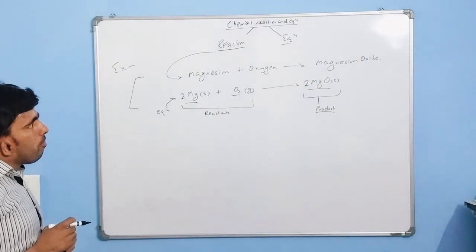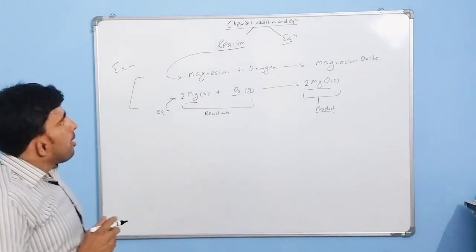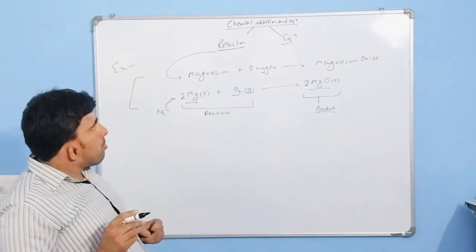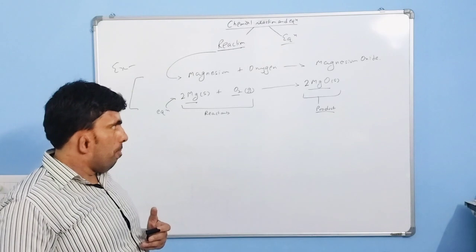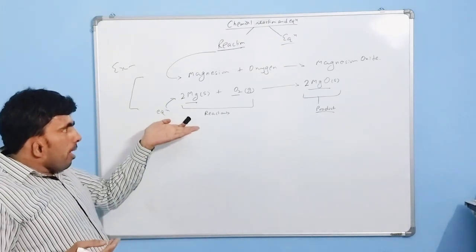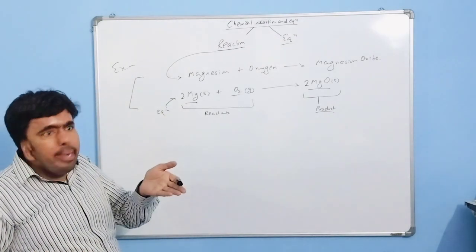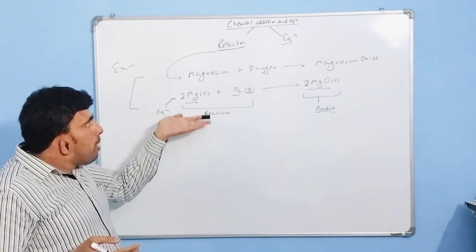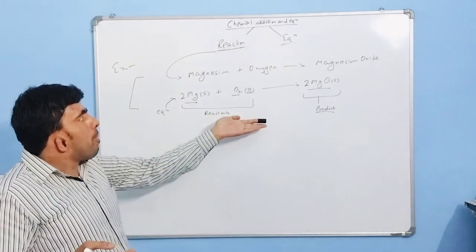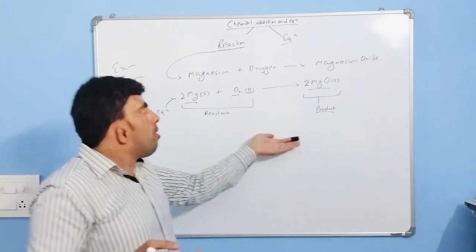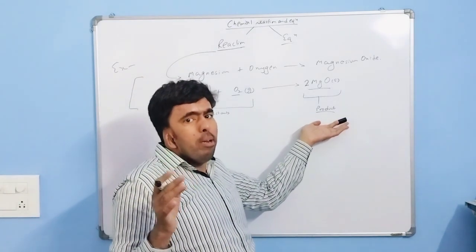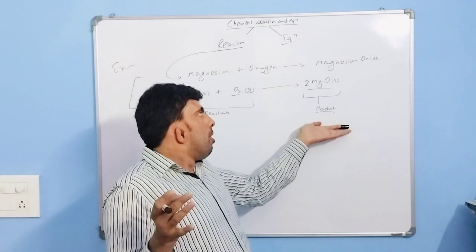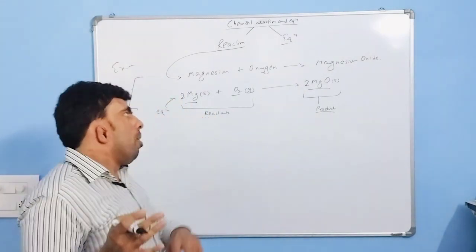More things we can show in the form of an activity also. What I want to explain is, a magnesium ribbon is burnt in presence of oxygen, and I get magnesium oxide in a white dazzling form, in the solid form.